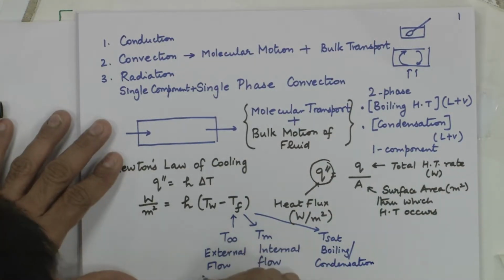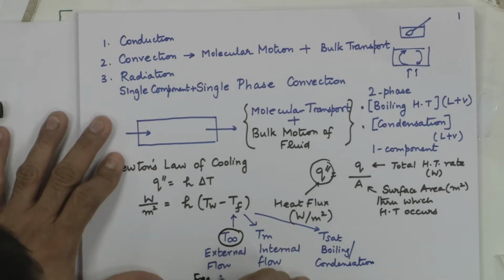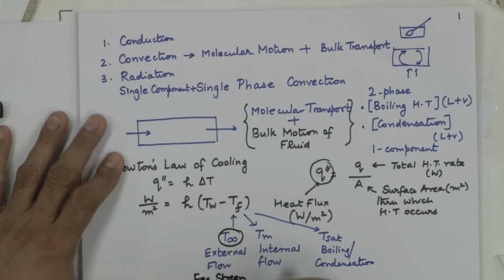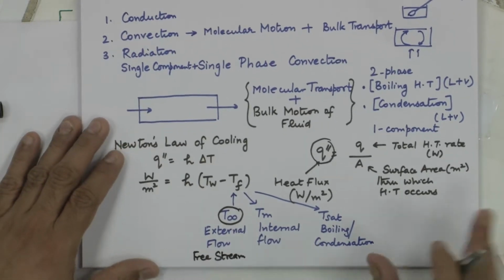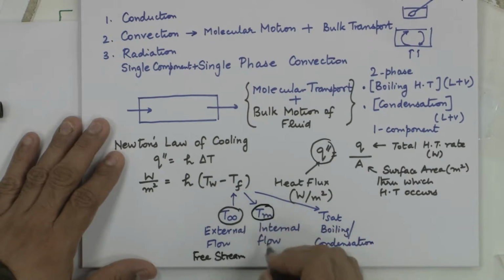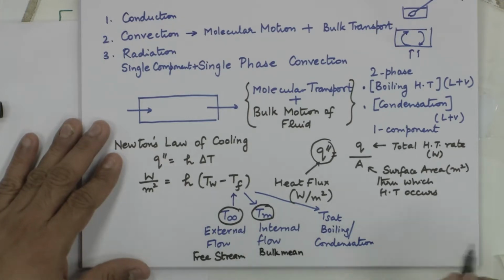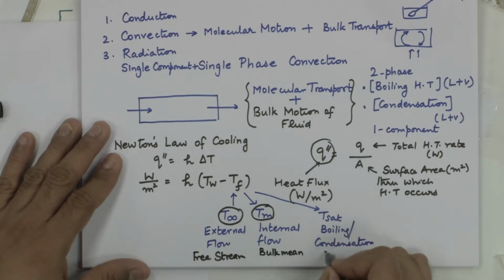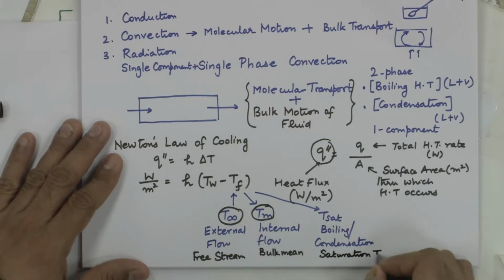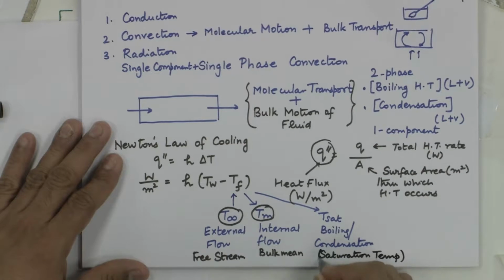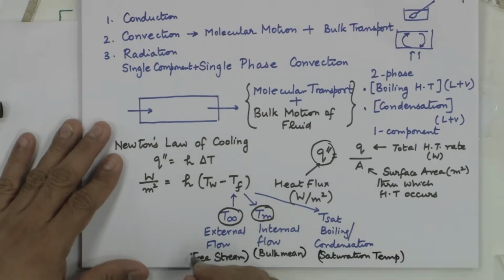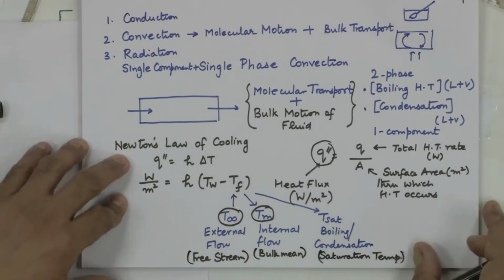T infinity is free stream temperature, T bulk mean is bulk mean temperature, and T sat is saturation temperature at a given pressure. So, the point being, you need to have a driving temperature difference.